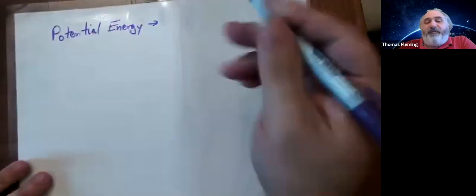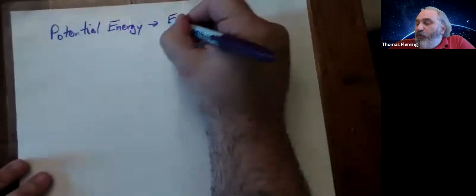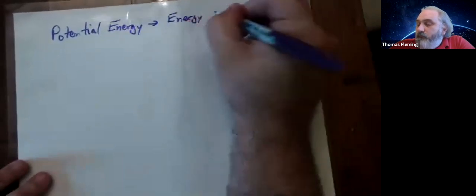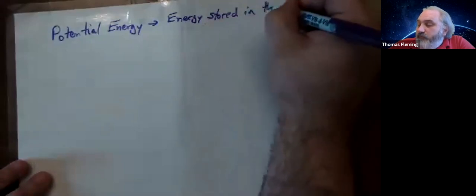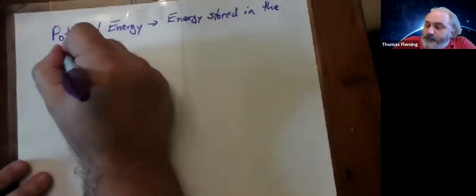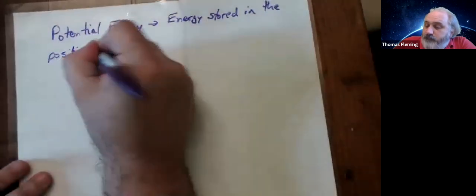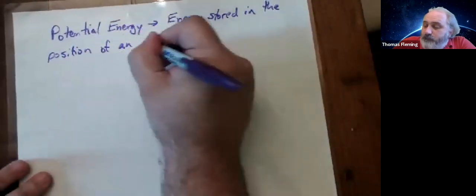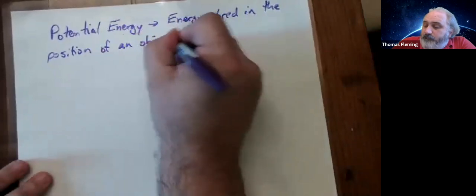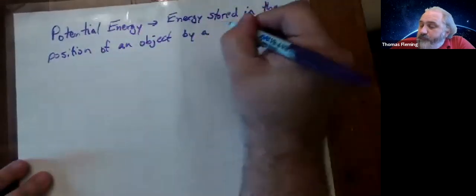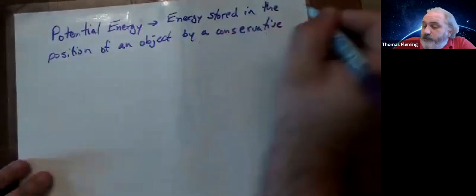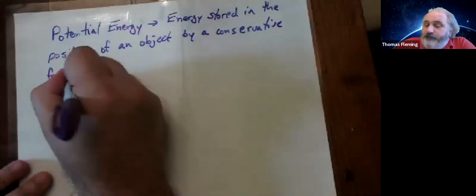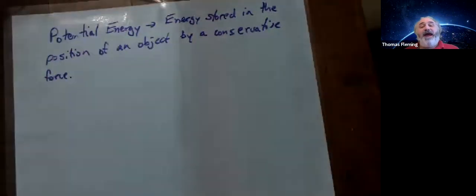The potential energy is going to be the energy stored in the position of an object by a conservative force. Every conservative force is going to have an associated potential energy expression.